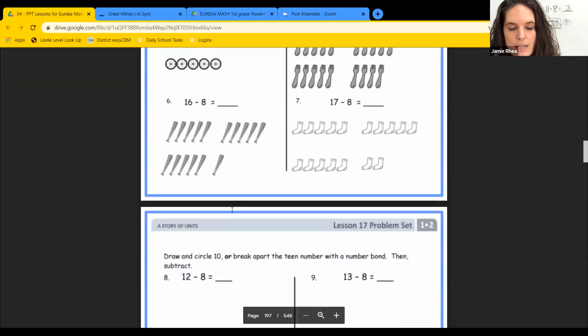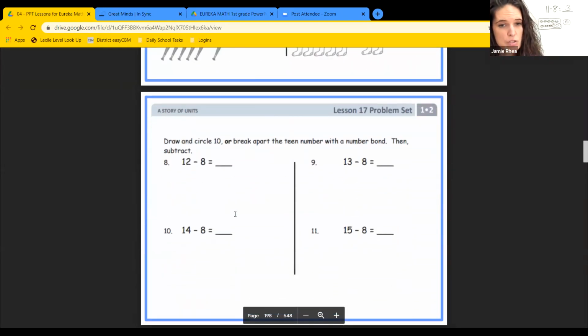Let's look down here at 9 because our directions change. On 9, it tells you to either draw and circle 10 or break apart the 12 number with a number bond. So let's look at it both ways. Our problem says 12 minus 8.